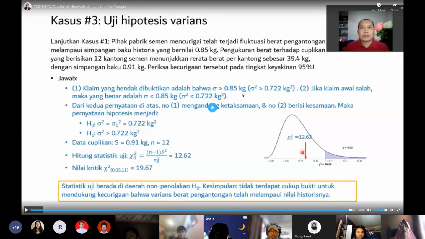Okay, and then this is very interesting that Pak Miki said in this video that we can actually make the first statement as the H1 and the second statement as the H null. It depends on which one of those statements has equality. In this case, the second statement has the equality, so we can write it as the H null in here. Okay, the H1 is this one.